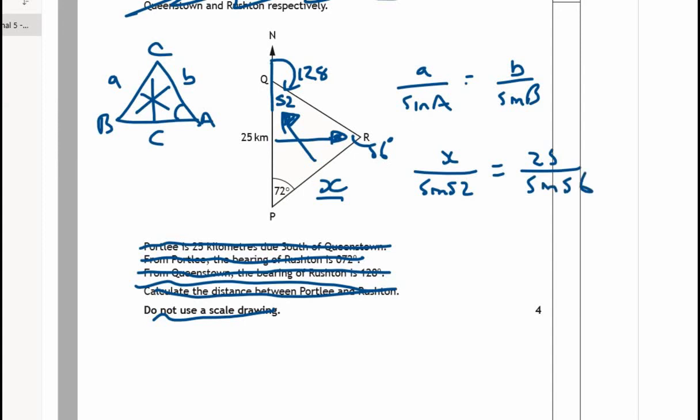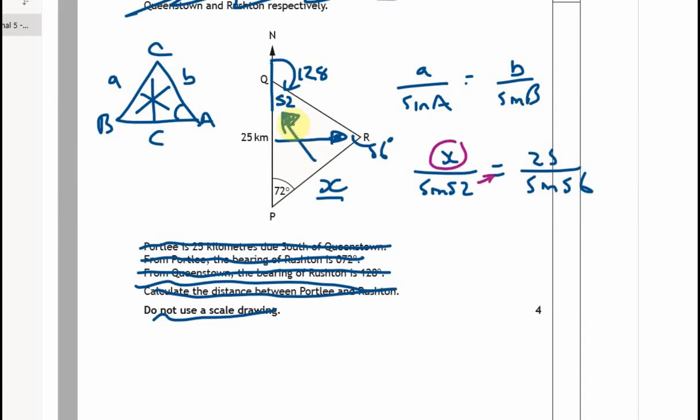They've tried to dress it up into a trickier way than other questions by giving you this false angle. Actually, that's very interesting. And then they made you think about what a bearing was by putting it in the question, but not having it up here. So again, always worth reading the question. So yeah, that's quite good. There's a wee bit in that to set your question up more so than other questions. Okay. Now we want to get x on its own, so we need to move sine of 52 over.